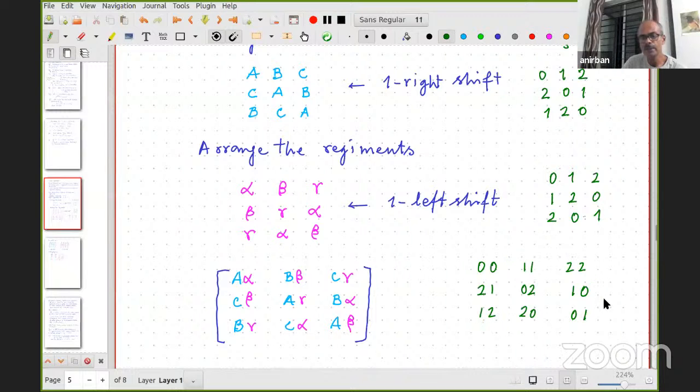Each ordered pair appeared only once and everything appeared, of course, because we are just mimicking that. So that's the notation we are going to use.